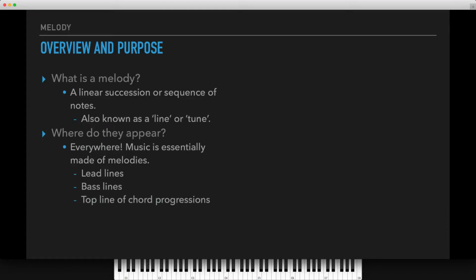The top line of a chord progression, meaning if I've got a set of chords here, maybe like, we can hear a little melody there. Right?